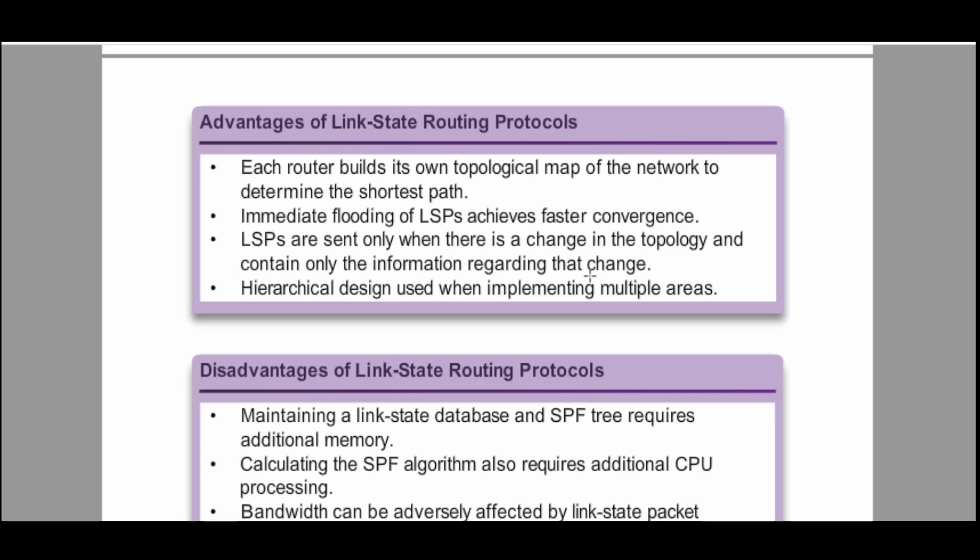Initially the LSPs are exchanged between all the routers, that's it. If any link is not working or any new network is added, only then will the LSP be sent again. Otherwise, LSPs will not be sent.